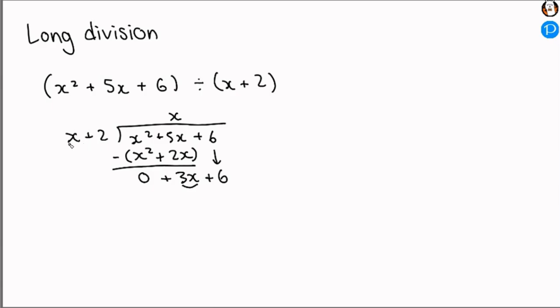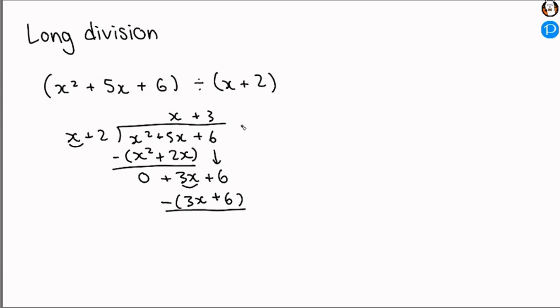Look at the first term, which is going to be 3x and x. 3x divided by x is going to be 3. Put the 3 here. So multiply the 3 by x plus 2, which is going to give us 3x plus 6.